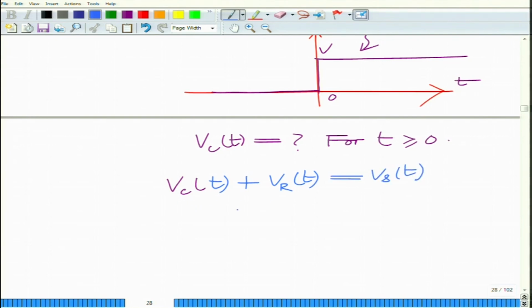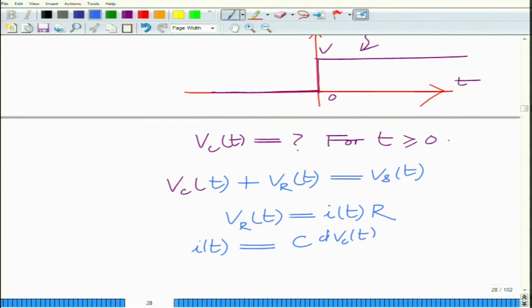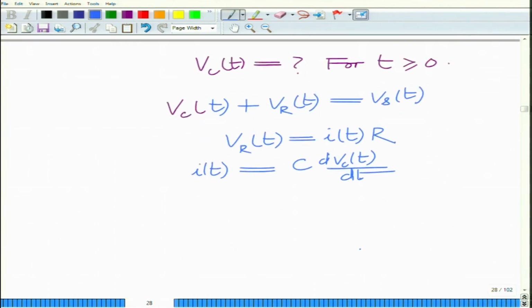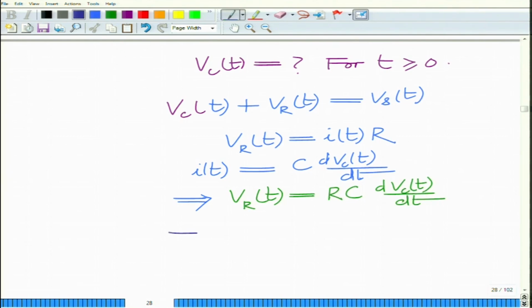The voltage across the resistance equals i(t) times the resistance, but i(t) equals C times dvC(t)/dt, that is C times the derivative of the voltage across the capacitor, that is the current, which implies the voltage across the resistance equals RC dvC(t)/dt.